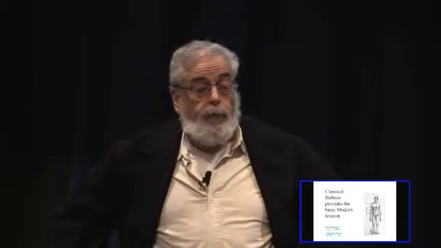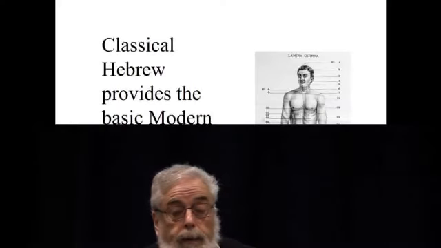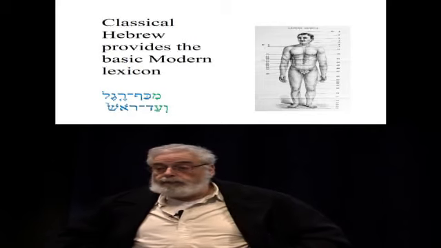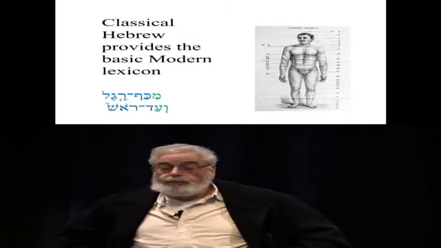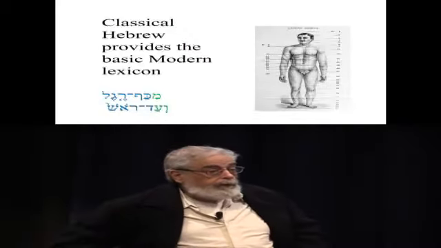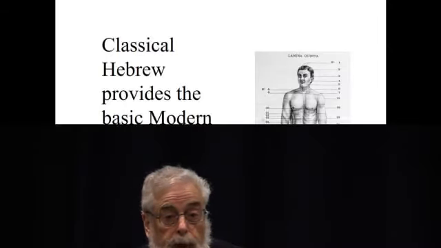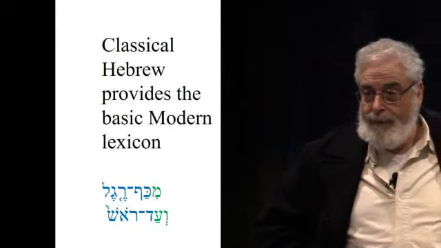Now we have to create a modern language, Hebrew, with 8,000 words from the Bible, 8,000 words from the Talmud, 600 more words from the medieval era, together about 25,000 words.